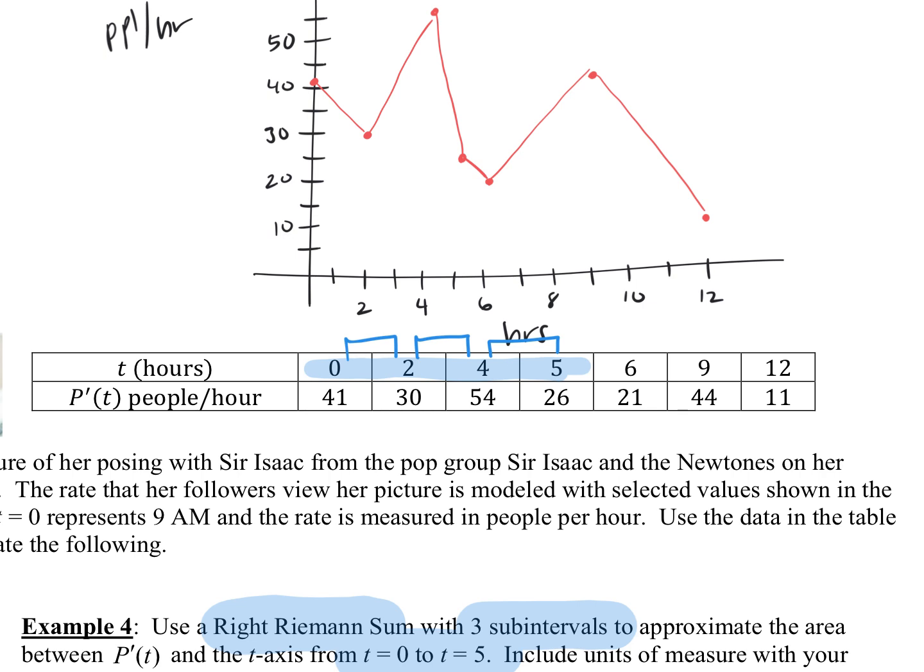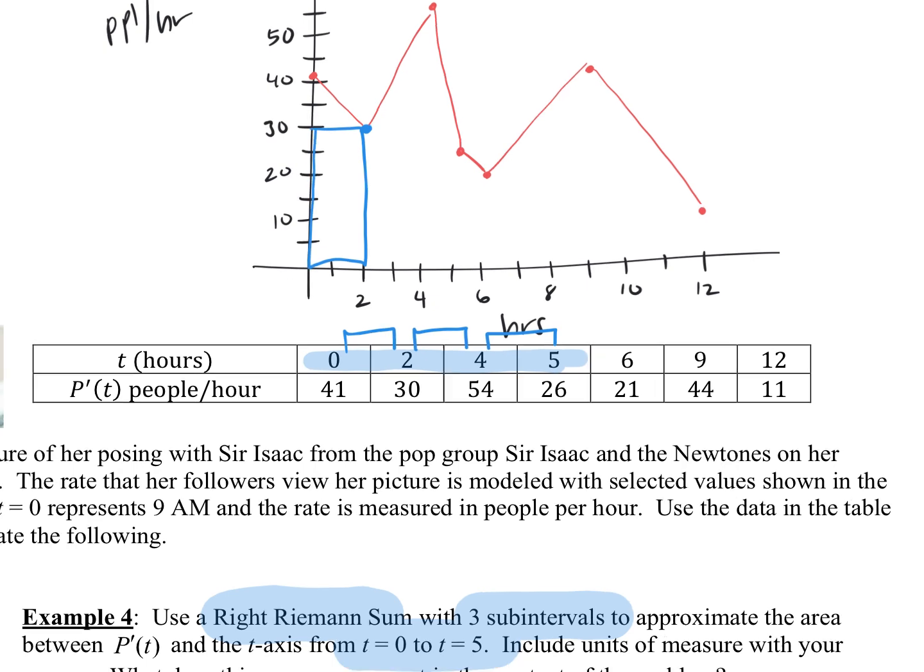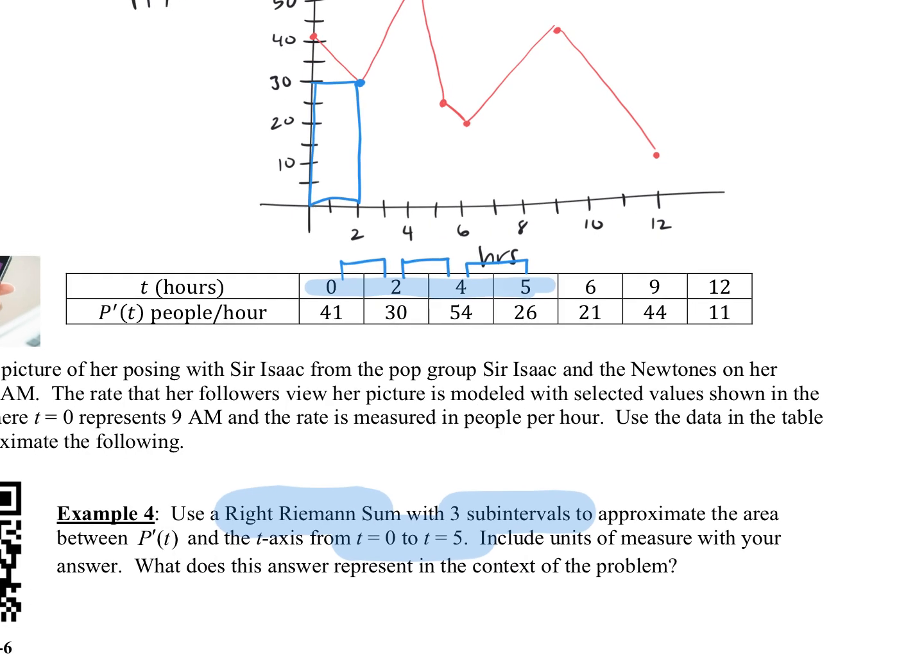So if I were to draw the right-hand Riemann sum on our graph, between 0 and 2, I'm going to draw on the right-hand side of 0 and 2. So at 2, that's going to be my height. This would be the rectangle I'm finding the area of. The area of that rectangle would be the change in x, which is 2, times my height, which is 30.